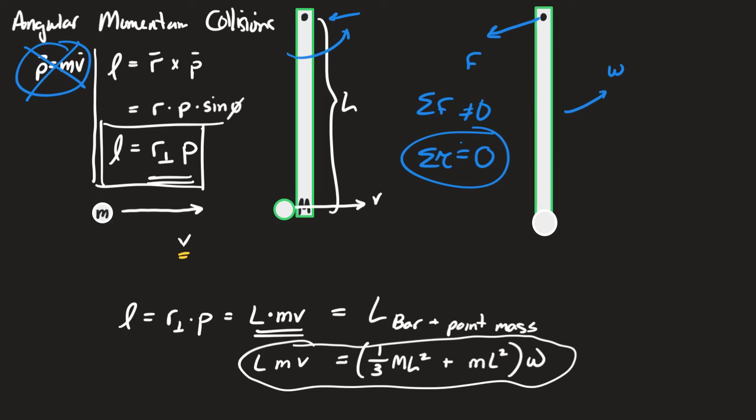Now, the problem you guys had to work out for homework is really similar to this, except that during the collision, something else happens. So if we consider your homework question, and do me a favor, be looking at that homework question now, because I'm going to ask a couple of things about it. The homework question has the instant just after the collision highlighted in the problem, but not the instant just before the collision.